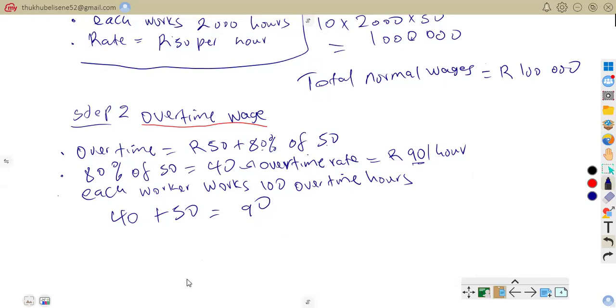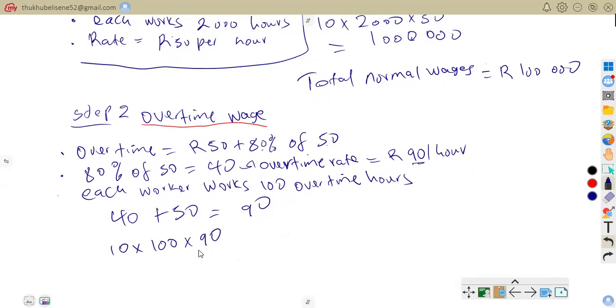So how are we going to do there on overtime? We are going to say 10 workers multiplied by 100 hours that we have said. Each worker works 100 hours. Now, 100 hours times 90.